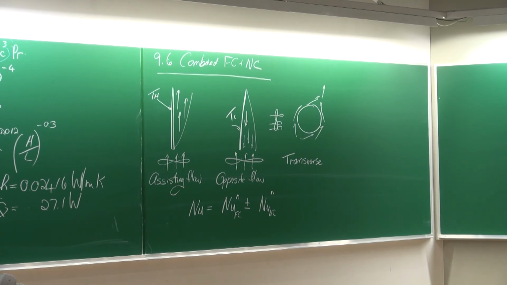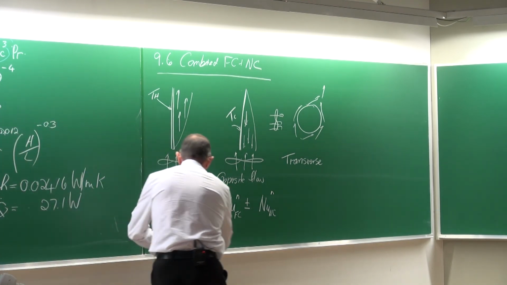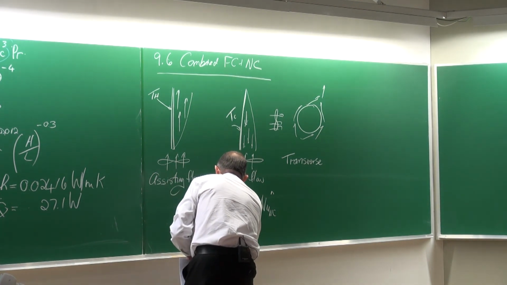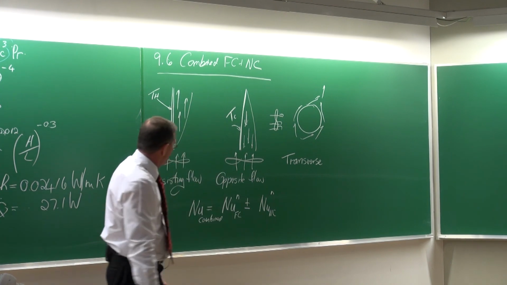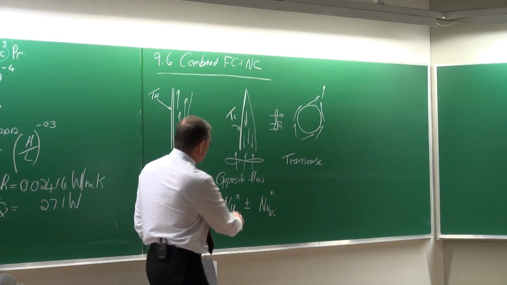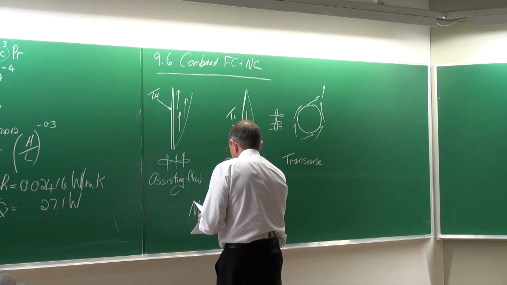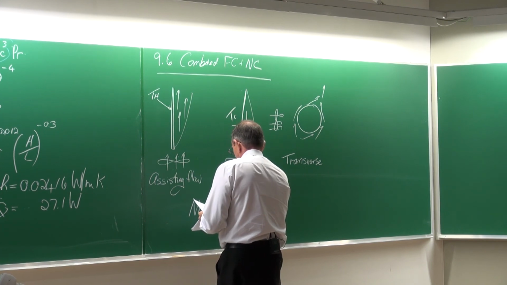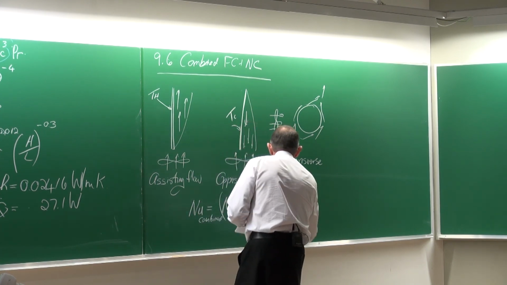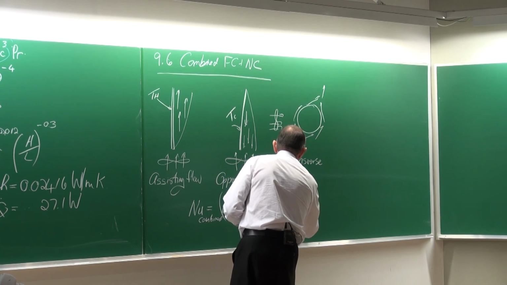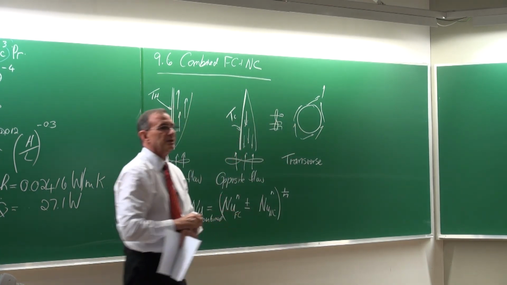So this Nusselt number we call the combined Nusselt number. The combined Nusselt number is the Nusselt number of forced convection plus natural convection, but I think I've made a mistake here. I think it must be 1, it's multiplied by 1 to the n, something like that.